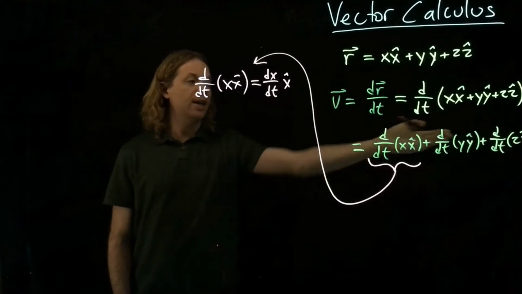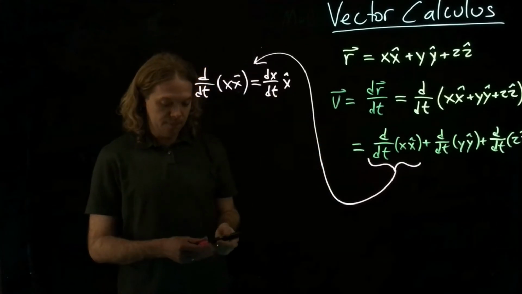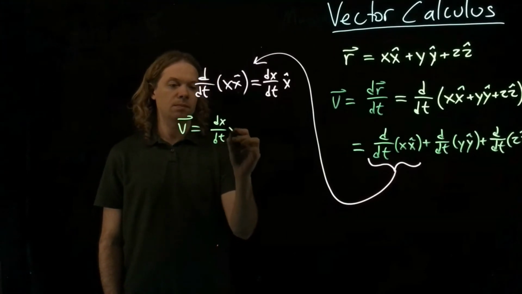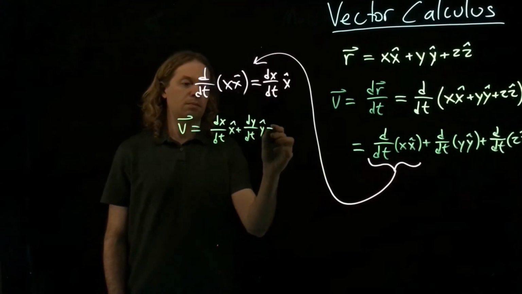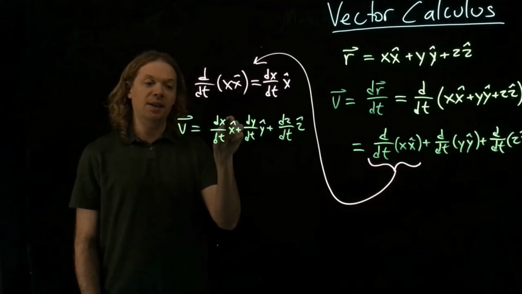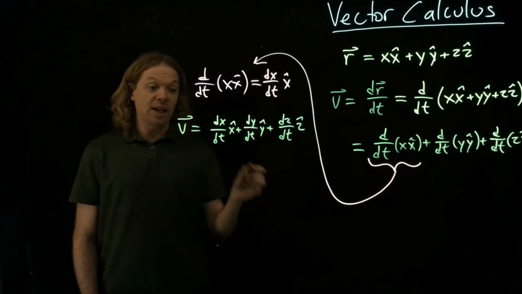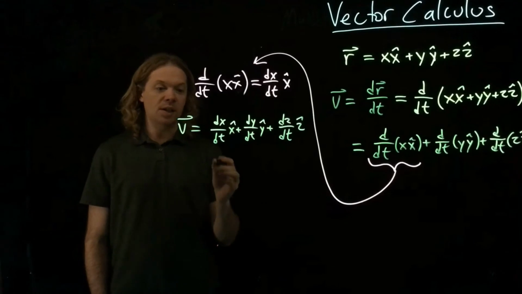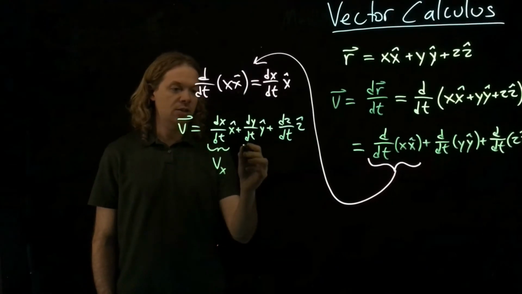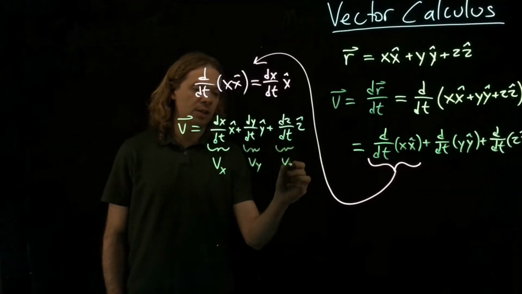So now I could just rewrite this vector using this answer pretty simply. So that's just the derivative of x with respect to t, x hat, plus dy/dt, y hat, plus dz/dt, z hat. Each one of the things in front of the unit vectors is the component of the velocity in the x direction, the component of the velocity in the y direction, and the component of the velocity in the z direction.